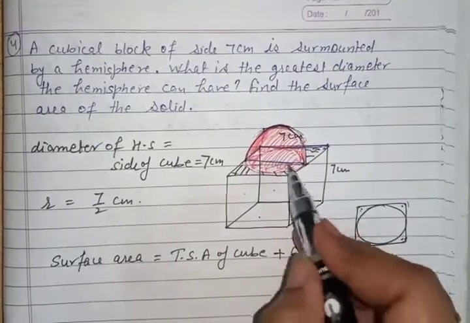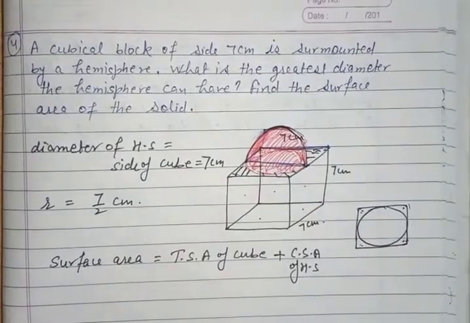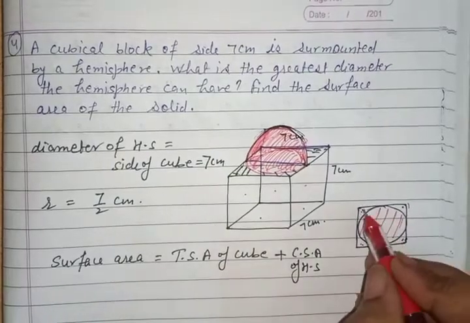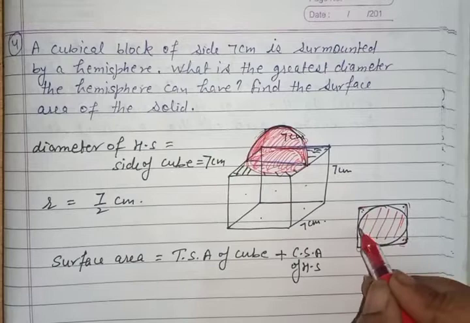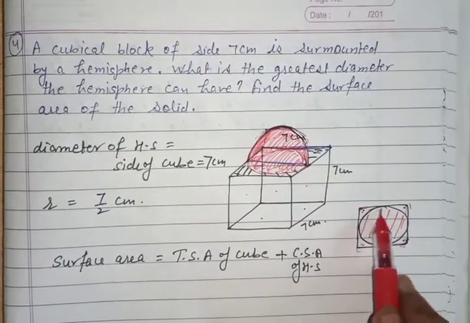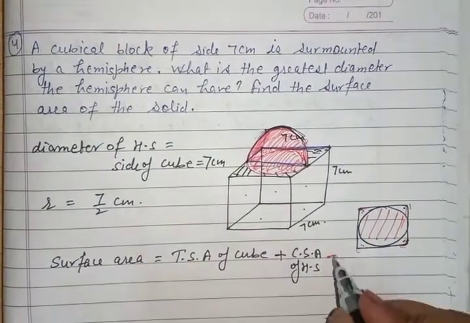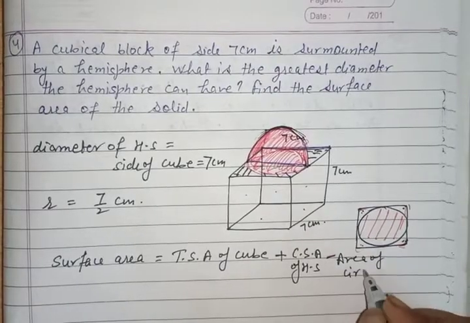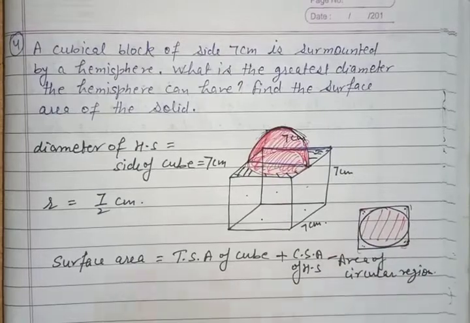And when we keep this hemisphere on this upper face, this part we cannot paint, this one. Because if we keep something on this surface, a round figure just like a hemispherical bowl, we cannot paint this part. So we will minus area of circular region. You can do this activity and you can find out.